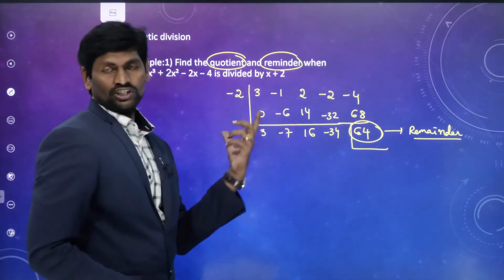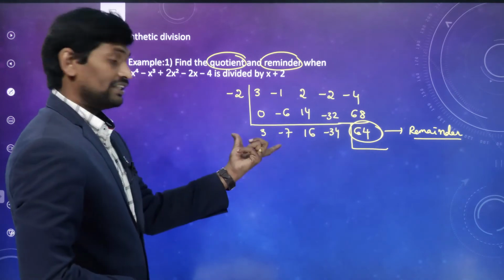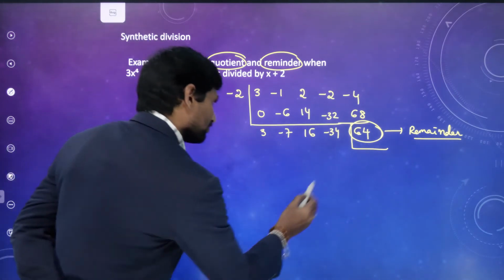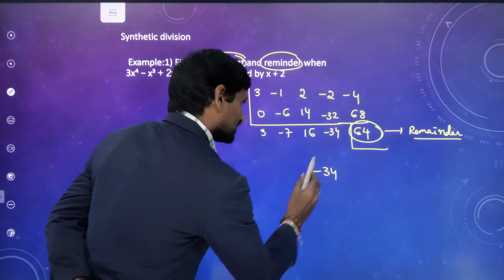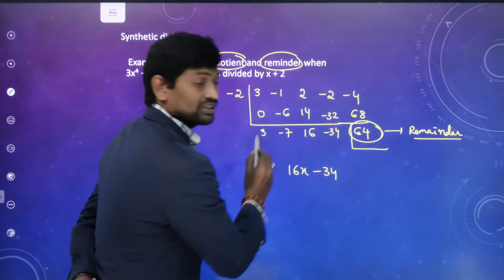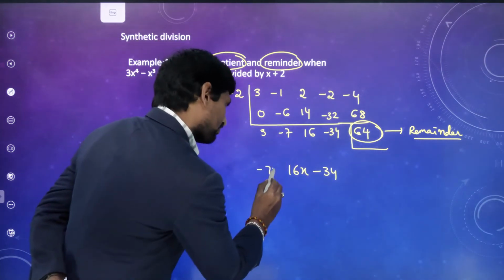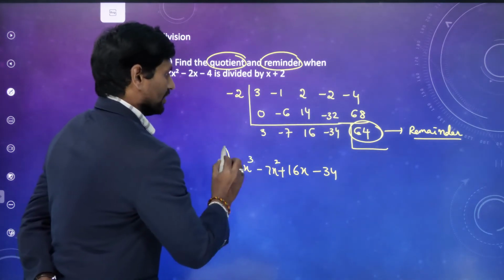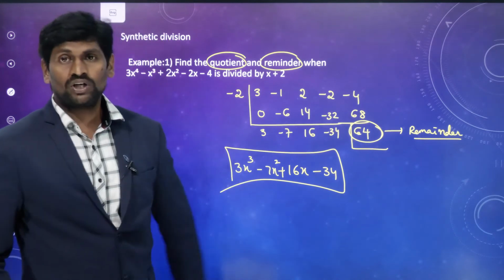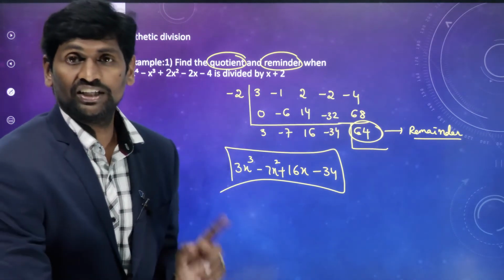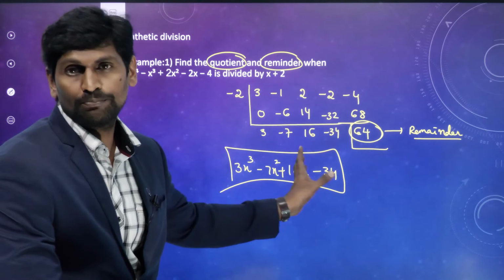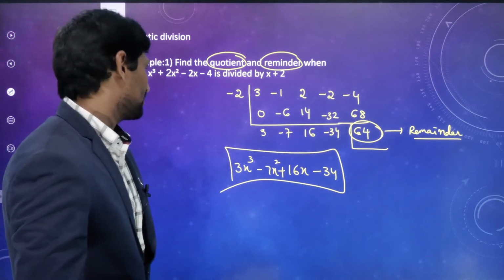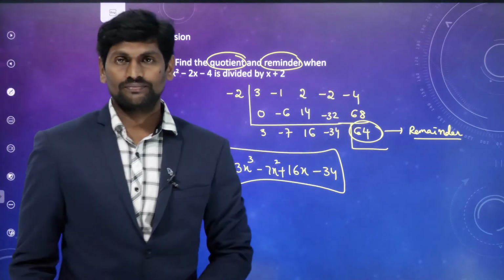The remaining four terms are the quotient: minus 30 is the constant term, 16 is the x term, minus 7 is the x square term, and 3 is the x cube term. That means when a biquadratic polynomial is divided by a linear polynomial, it gives a cubic polynomial. So the remainder is 64.